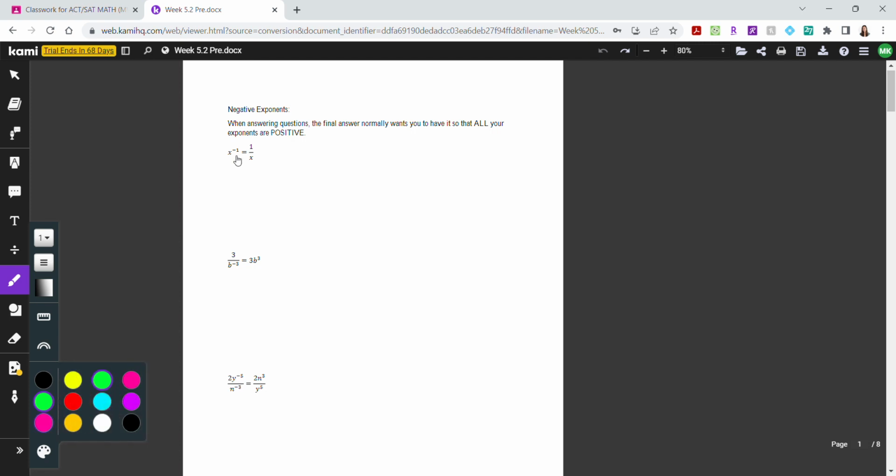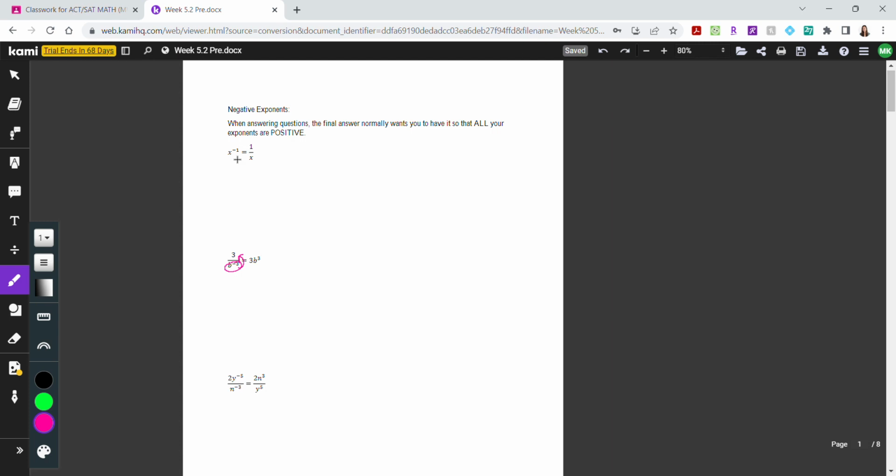All right. Now, if we look at the next example, we have 3 over b to the power of -3. Our b has the negative exponent, and we want to write our exponent as positive. So we are going to flip this upside down. If it's at the bottom, we're now going to put it on top. So this will then become 3b to the power of 3.